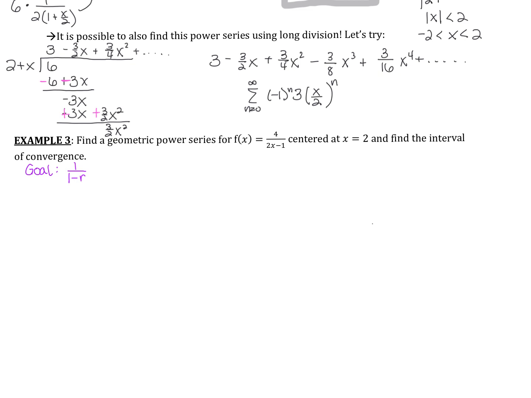One, this expression that is 4 over 2x minus 1 needs to actually say, instead of x, 2 times x minus 2. We need this x minus 2 here because this is what my center is. That's centered at x equals 2. So I need that there.